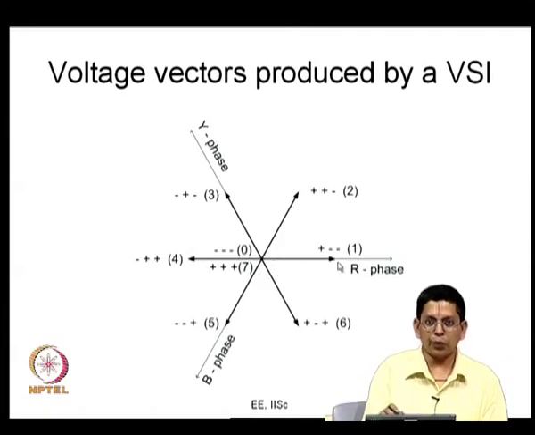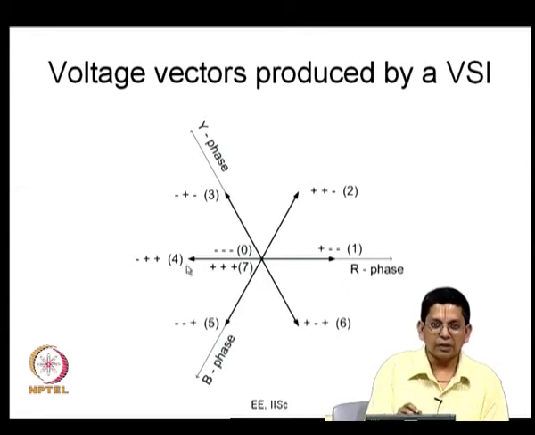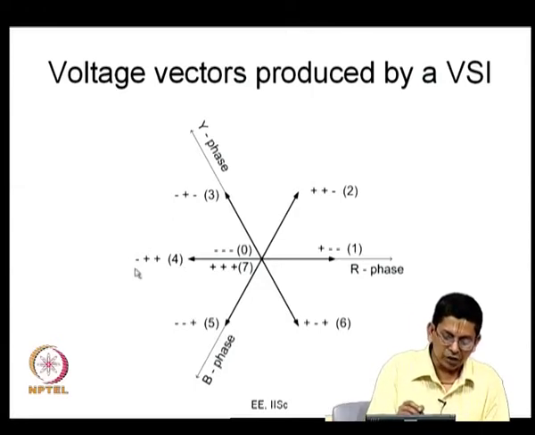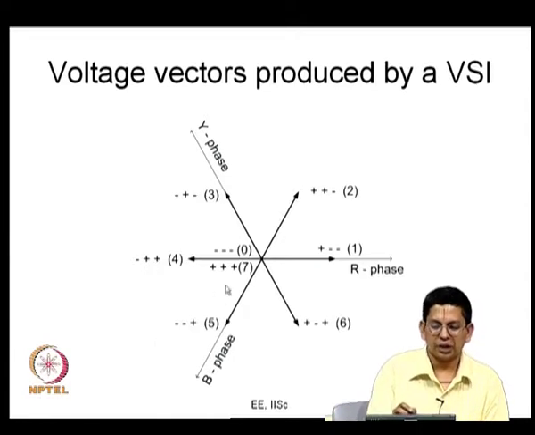So, VRO, VYO and VBO are inverted, that naturally means V alpha and V beta should be inverted in sign. It is going to produce a vector along the negative R phase axis. Here the R phase terminal alone is connected to the negative DC bus and Y and B are connected to the positive DC bus, and the resultant vector is along the negative R phase axis.